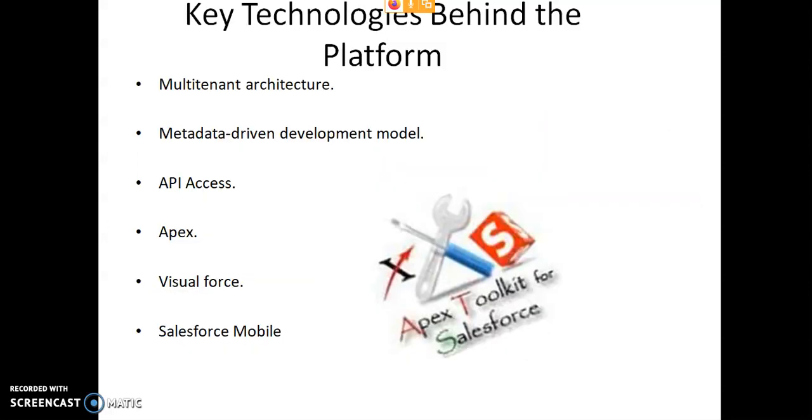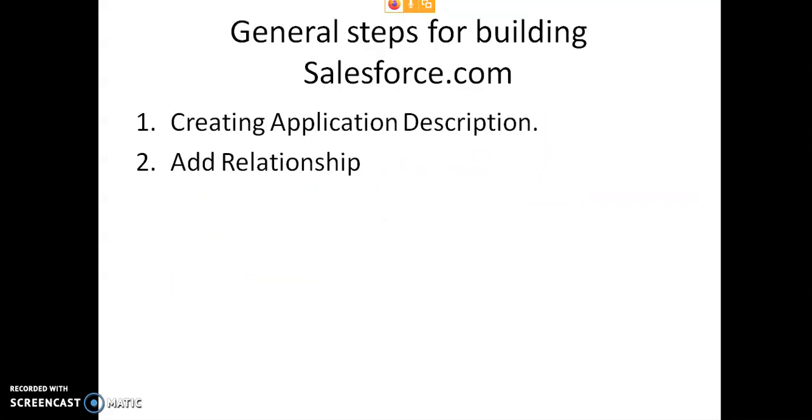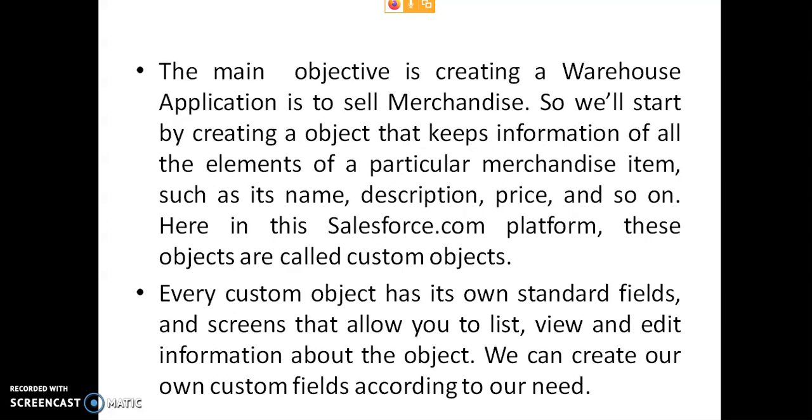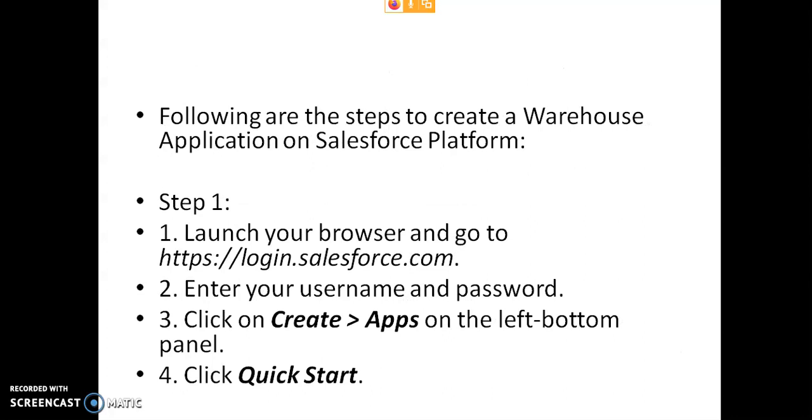So let us discuss the general steps for building an application on Salesforce.com. The first step is creating the application description. We are creating a warehouse application in Salesforce.com. These are some guidelines I can highlight on how to create objects. In creating a warehouse app, we are going to create the app along with an object.